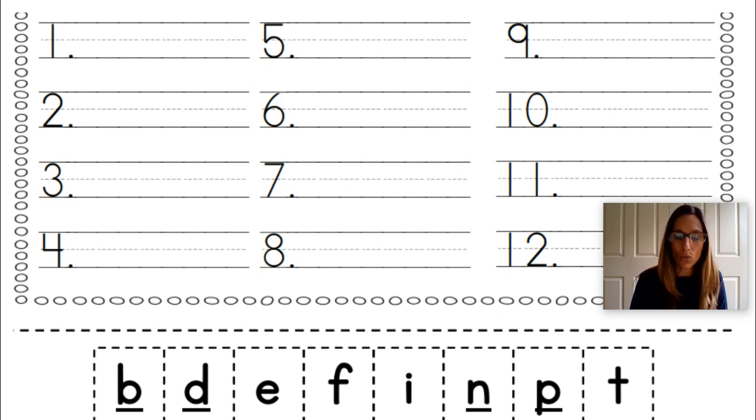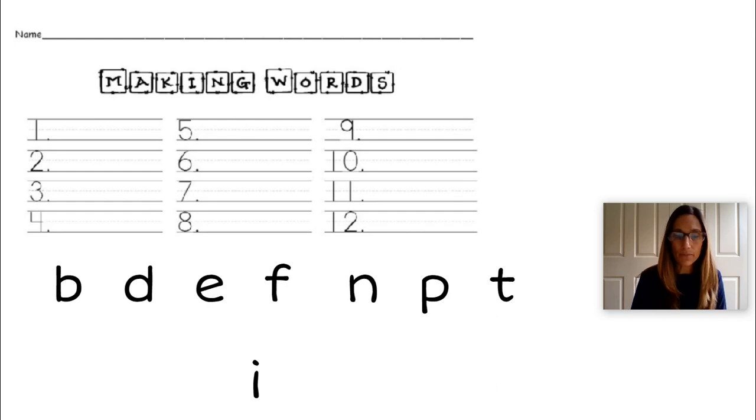Okay, so here are the new letter tiles for this Make Words lesson. And we'll start by cutting them all out and laying them out like I have and bringing down the vowel sound that has the I sound. And I says I. So our first word that we're going to make has that I sound in the beginning. And we're going to add one more letter to the end to make a word.